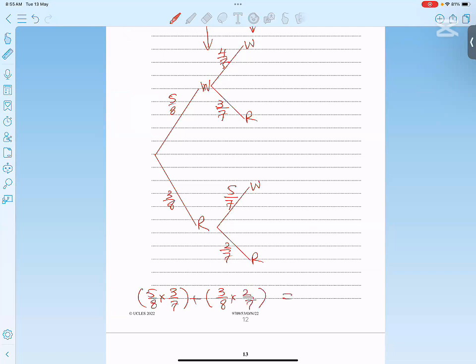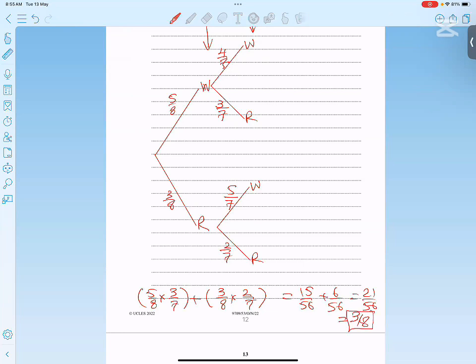I hope the concept is clear. 15 by 56 and 6 by 56, 21 by 56. If you check it, it turns out to be 3 by 8. So the first part is very clear. We got 3 by 8.